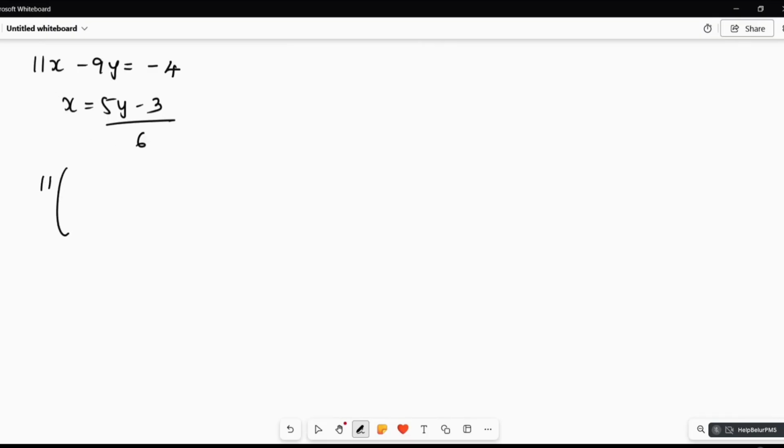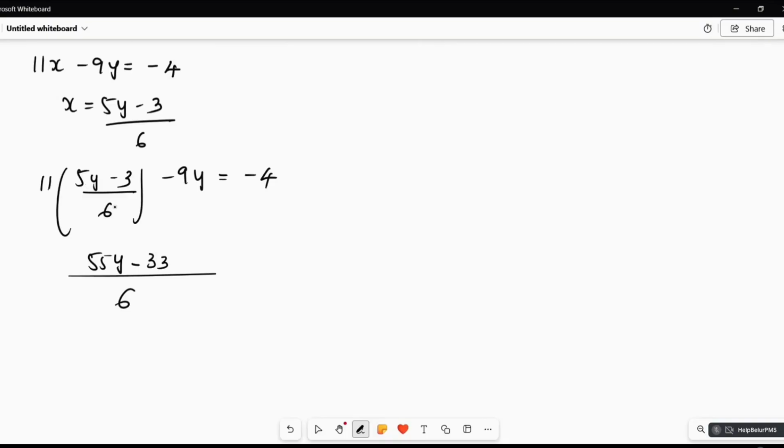11 into 5y minus 3 by 6, minus 9y is equal to minus 4. So if I take the LCM, it will be 6 here. 11 into 5 will be 55y minus 33. 6 by 6 is 1.